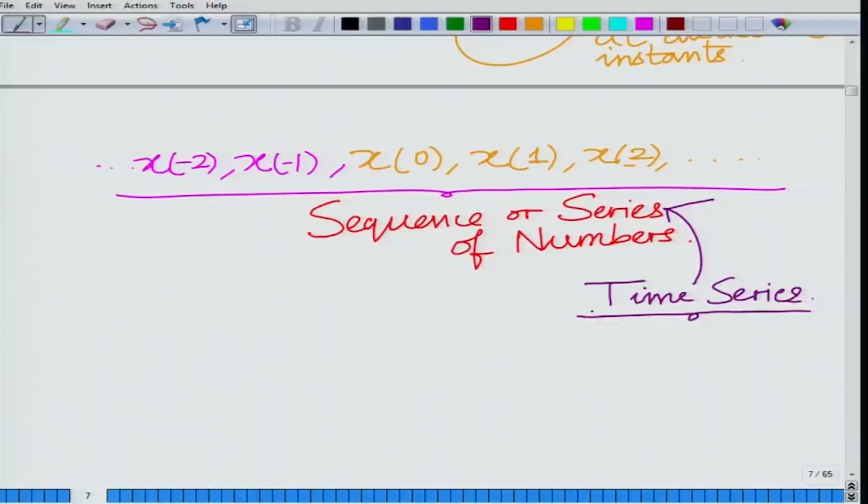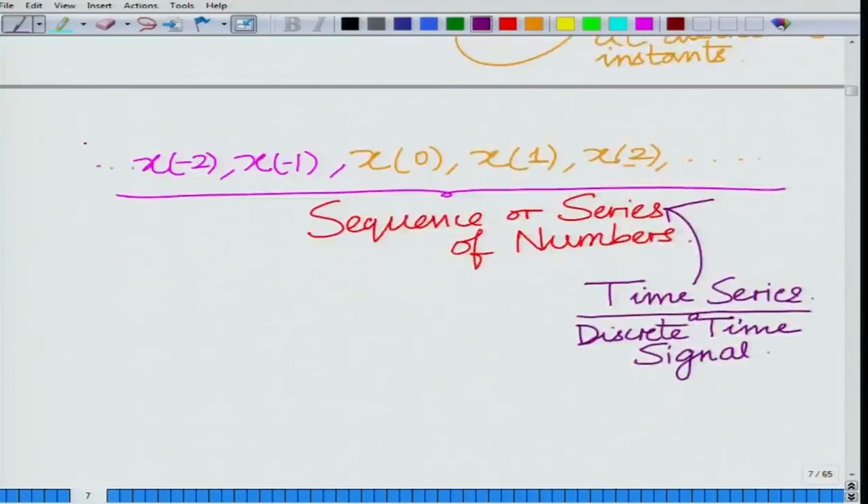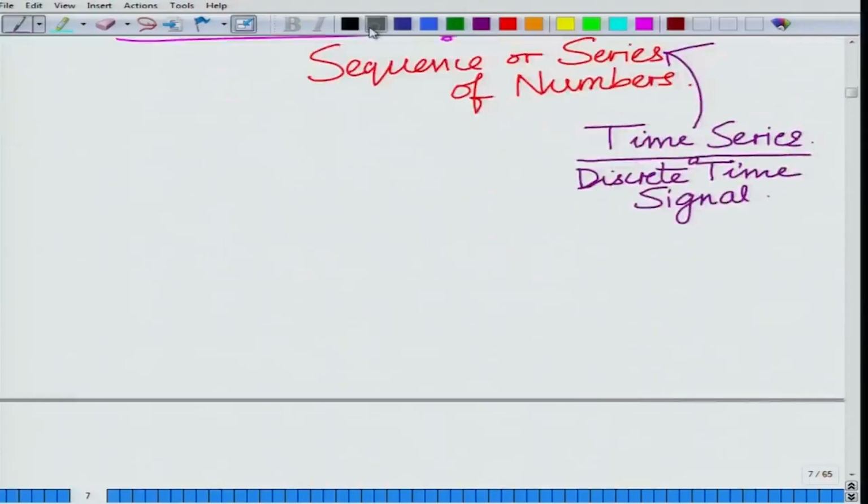A discrete time signal is nothing but a time series. Okay. And discrete time signals can also be obtained by sampling a continuous time signal.